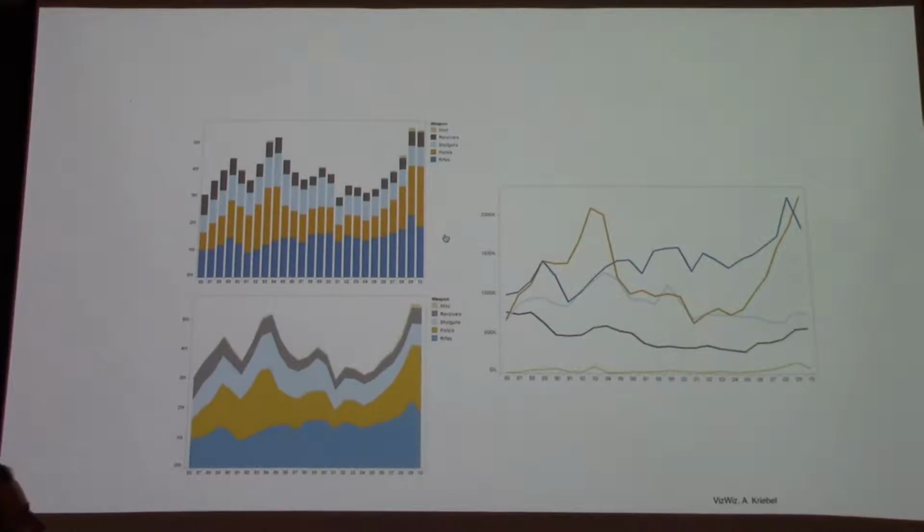You can see this over time, and it's pretty clear that the overall sale of weapons was higher in 2009 and 2010, but the proportions aren't that easy to see in those two charts. Here they are, of course, nice and easy to see, but we lose the overall sum of the sales. So depending on your task, you have to pick.